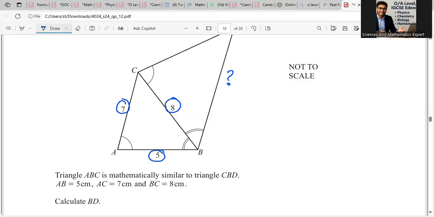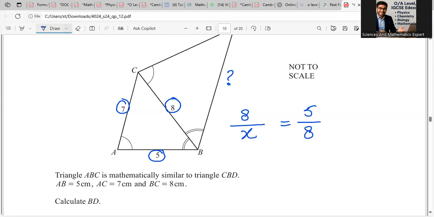So for this purpose, I'm using the similar triangle format, where I am taking the largest side for ABC, which is 8. I'm taking 8 over the largest side of the big triangle, for example, let's suppose x or BD. For the other one, I'm taking the smallest one, 5, then definitely the other one will be 8 again.